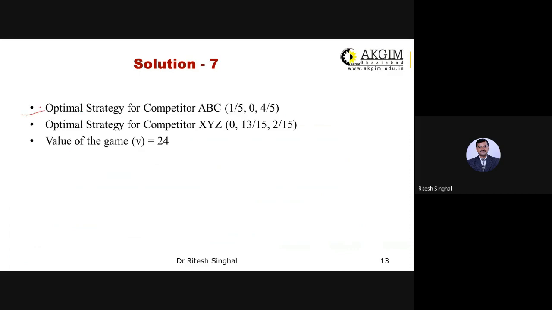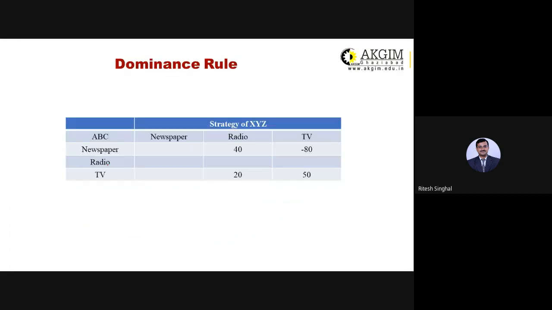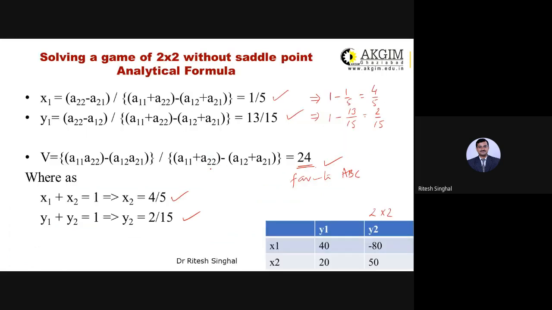The desired manner is like this. Optimal strategy for competitor ABC is 1 by 5, 0, and 4 by 5. It means we advise not to use the strategy for radio for ABC, and for XYZ not to use the strategy for newspaper.